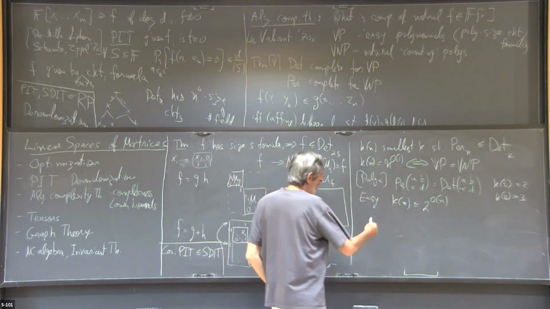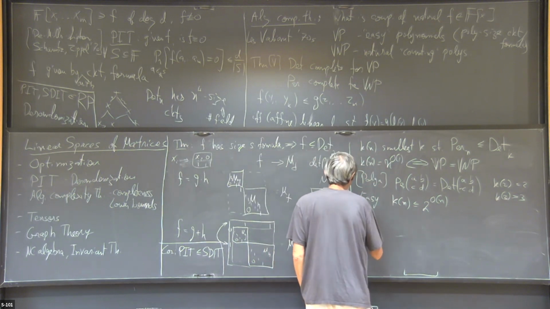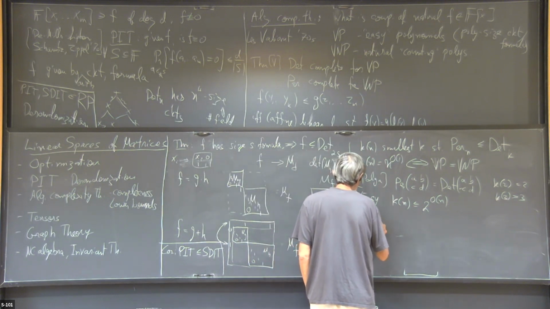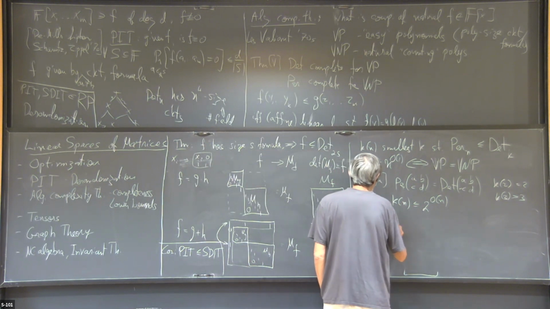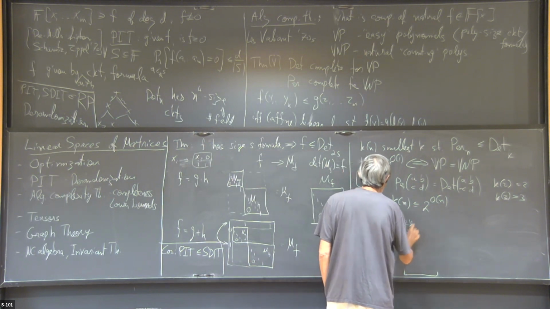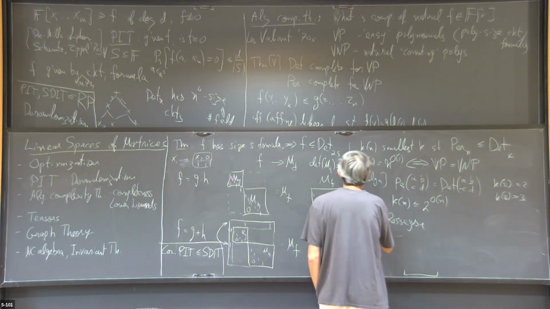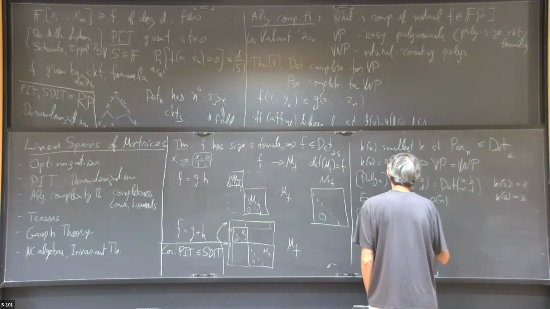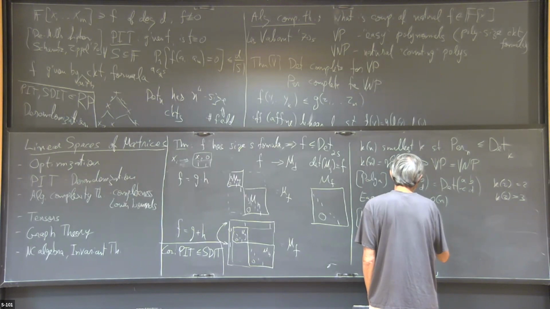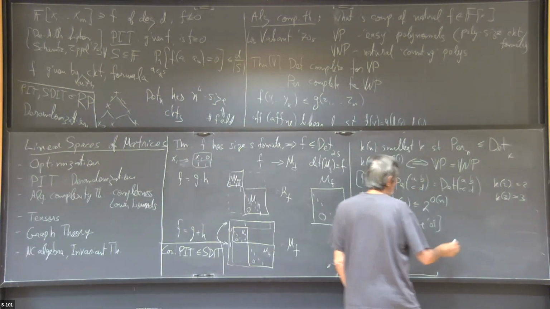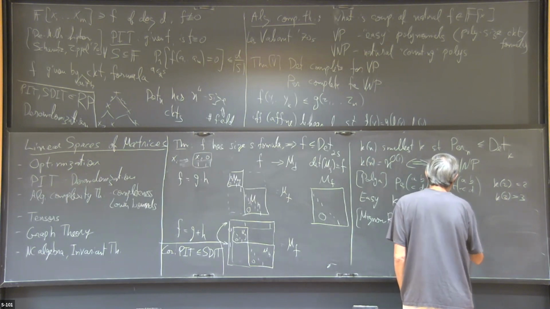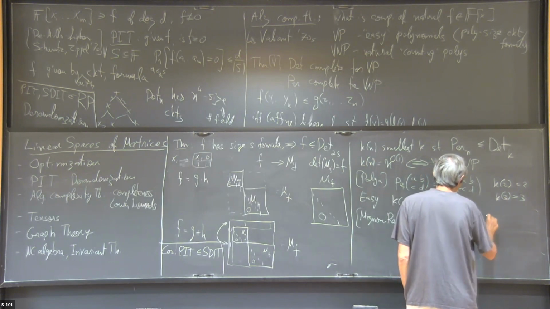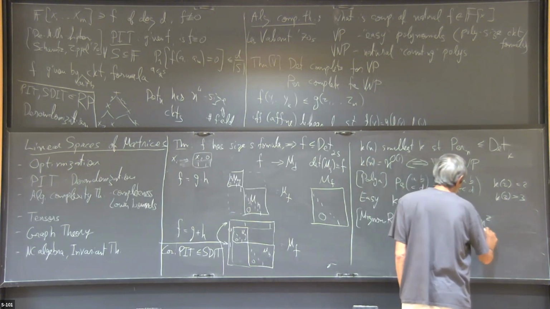The best lower bound known is due to Young from about 10 years ago, I think. Yeah, early 2000. Quadratic lower, maybe.